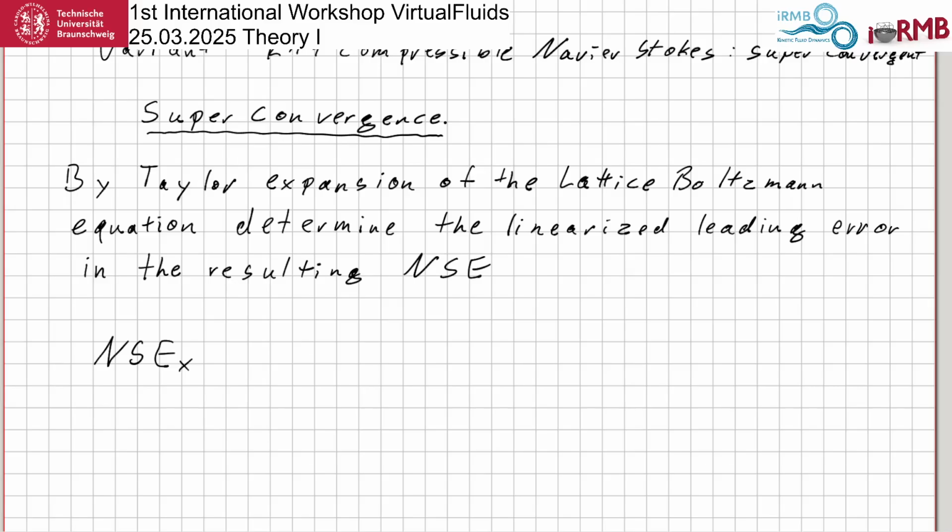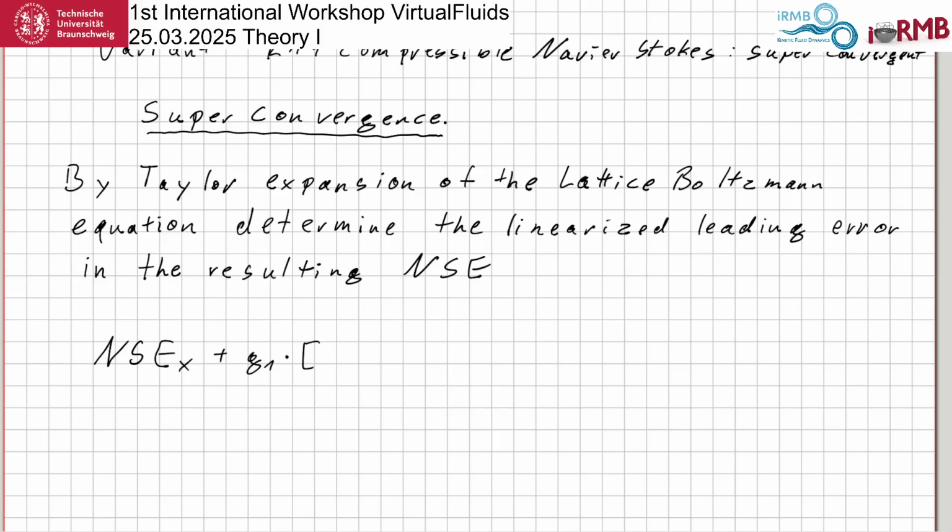In the Navier-Stokes equation we have second derivatives, then we are second order accurate, which means we have discretization errors of order 4 in the derivatives. So basically, what you get is a function g1 times a function of the relaxation rates.